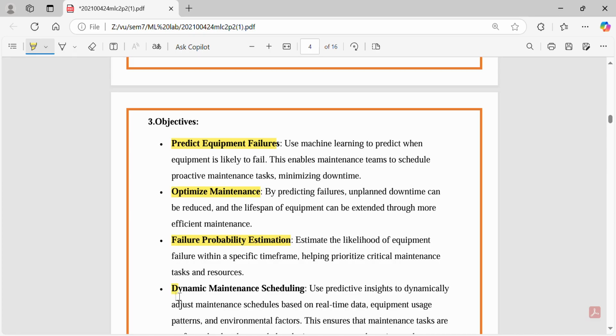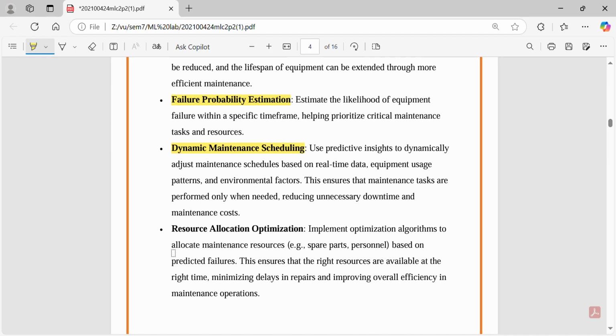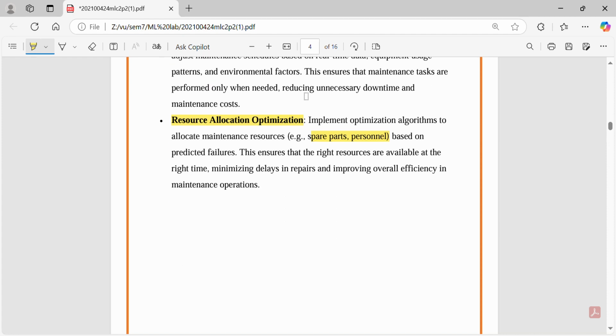We can also dynamically schedule the maintenance of the machines, and resource allocation can also be optimized, such as extra spare parts and the people who are working on them.